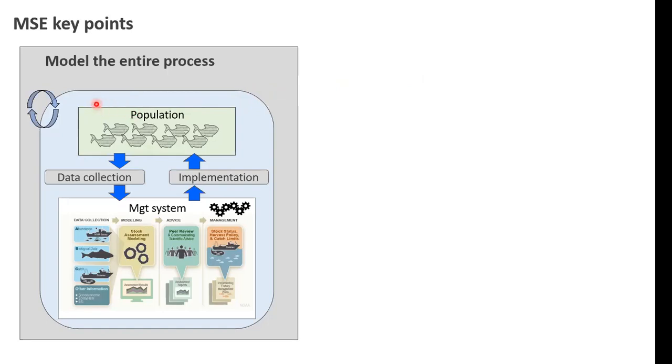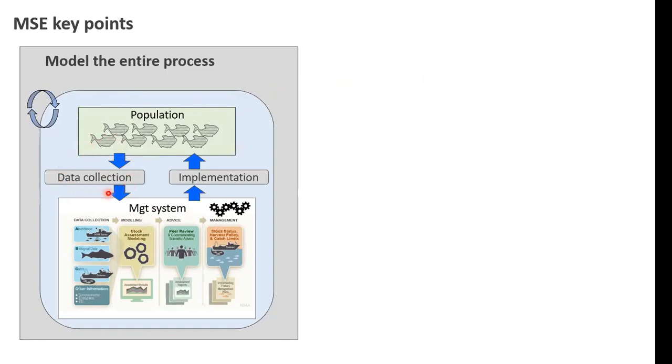So we have a model of the population, and we have a model of the management system, and then what really sets management strategy evaluation apart is that we also have this feedback loop between the population and management system, and this occurs via a model for data collection.